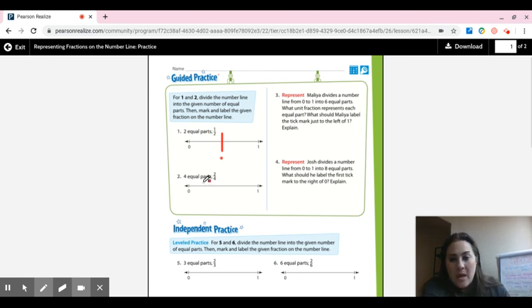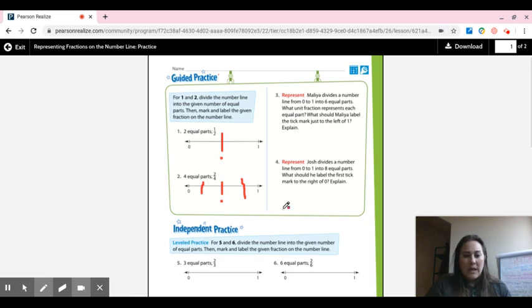So I have 1, 2, 3, 4. Now, is that perfect? No. Try to get it as evenly spaced out as you can. Okay. Now I need to mark 2/4. Well, here's my first segment. Here's my second segment. So 2/4 is right here.